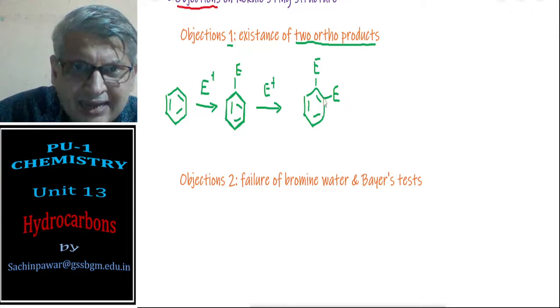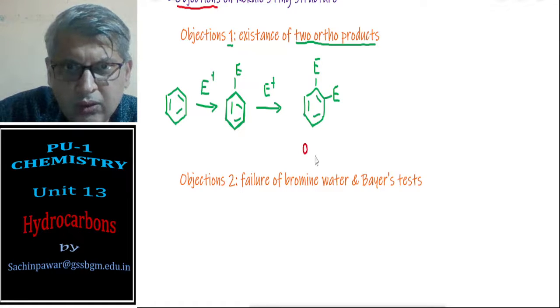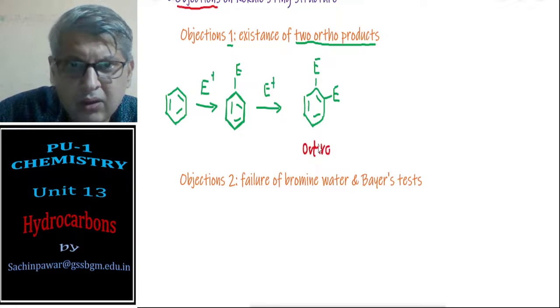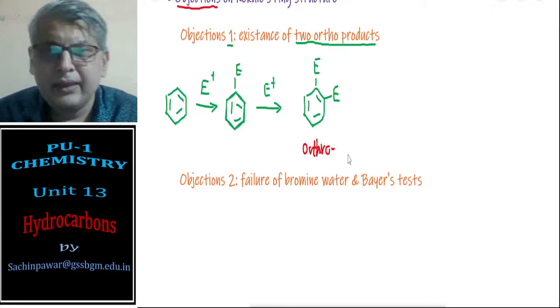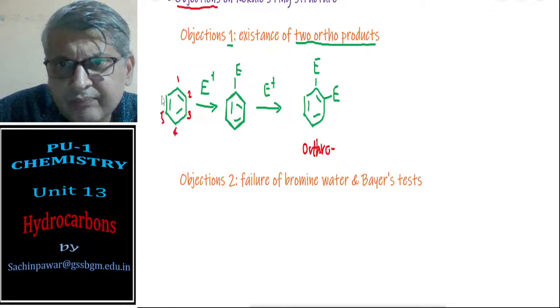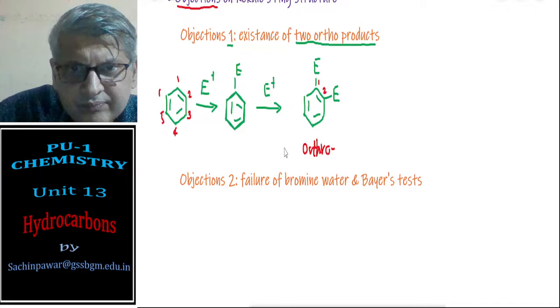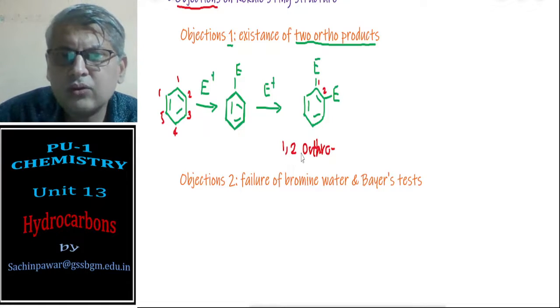Adjacent carbon atoms having the two substituents is called the ortho product. Here, as the benzene is numbered like this in the Kekulé structure, I will call it the 1,2 ortho product.